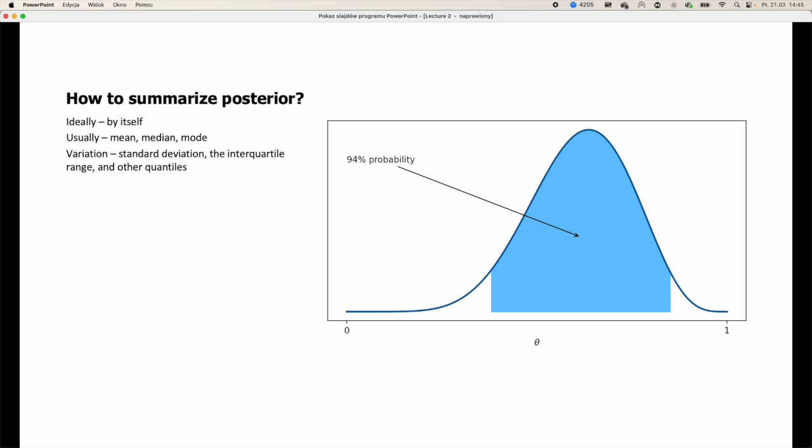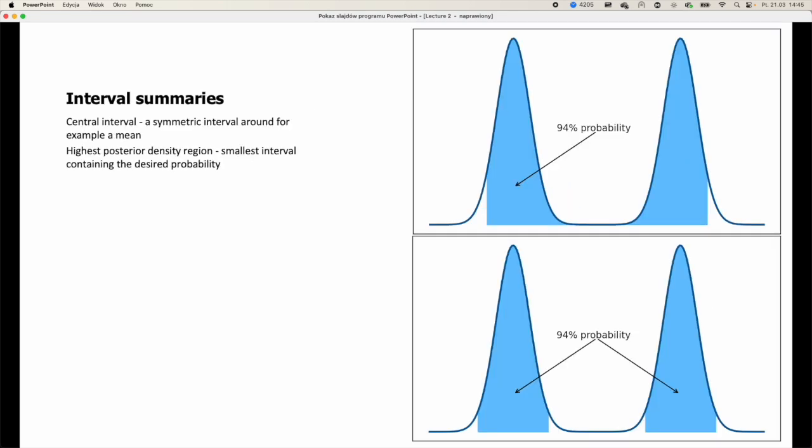However, we are not limited to that, so we can use generally some kind of interval summaries. So for example, if we want a central interval that will have 94% probability, then we can of course compute it. However, it's not the only option. A different option is the highest density interval.